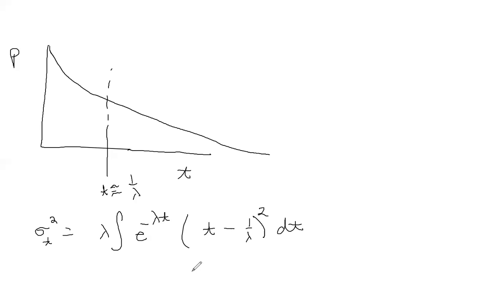And we can kind of expand this out here. So this is actually going to be the same as doing the lambda integral e to the minus lambda t squared dt minus 1 over lambda squared.